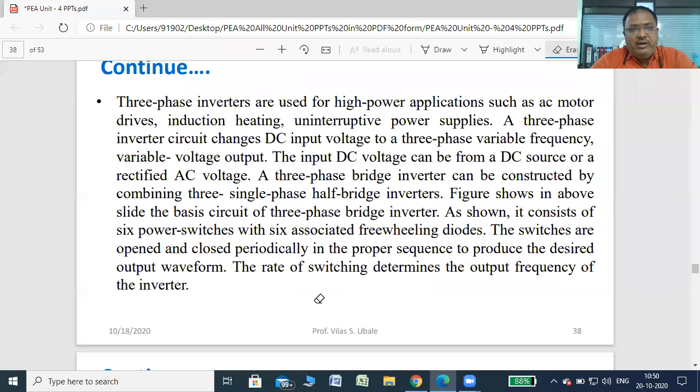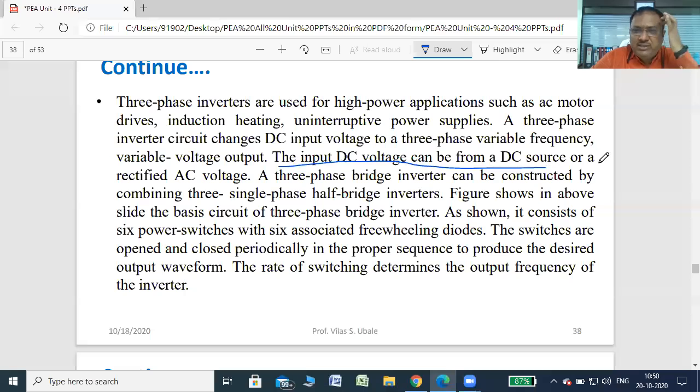Normally, rectified AC voltage is used because every time to use the battery is not possible. So whatever the supply voltage available with us, we convert that to DC voltage, and then that DC is used as an input to the inverter so that you will get a variable voltage and variable frequency at the output of the inverter. Okay, so this is very important.